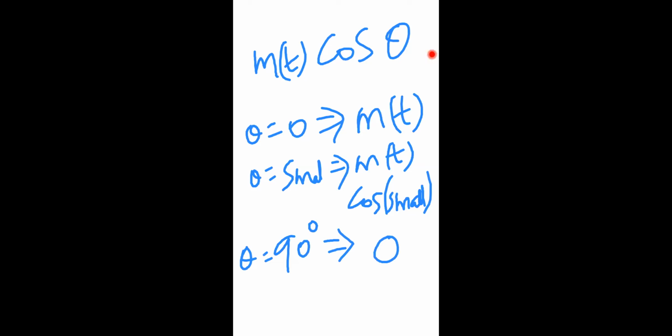If theta goes to 90 degrees, then instead of the cos carrier, you are actually using a sine carrier, because cos and sine differ by 90 degrees. Cos of theta plus 90 degrees is sine theta.